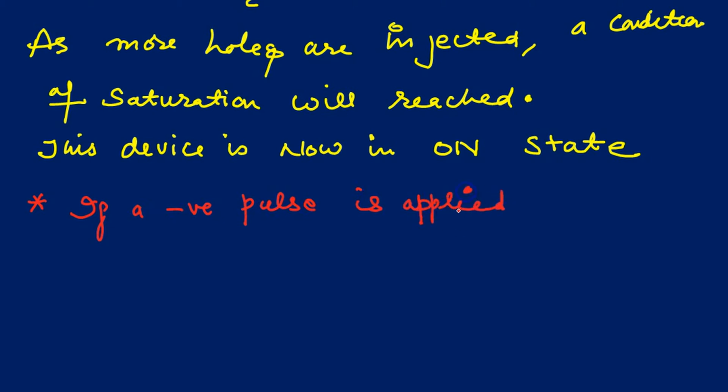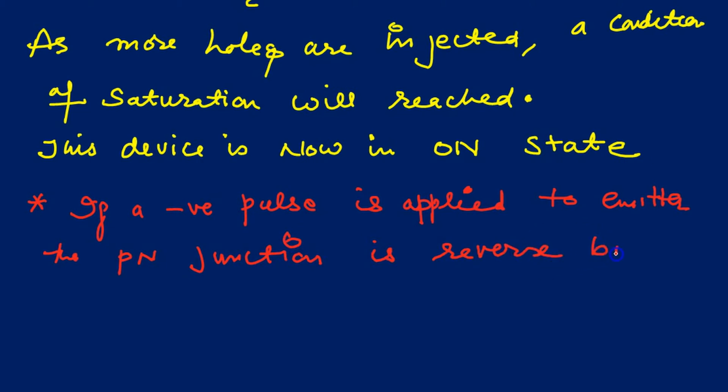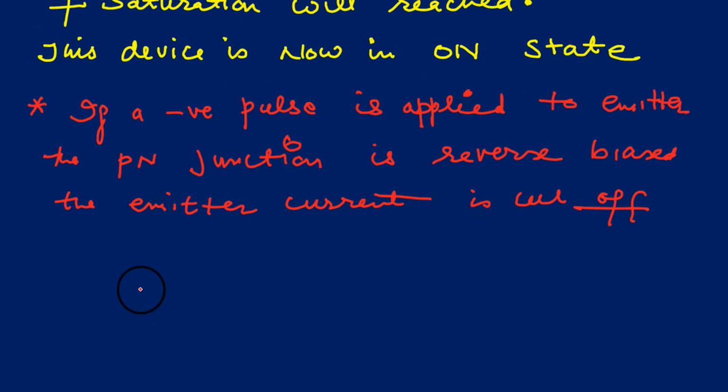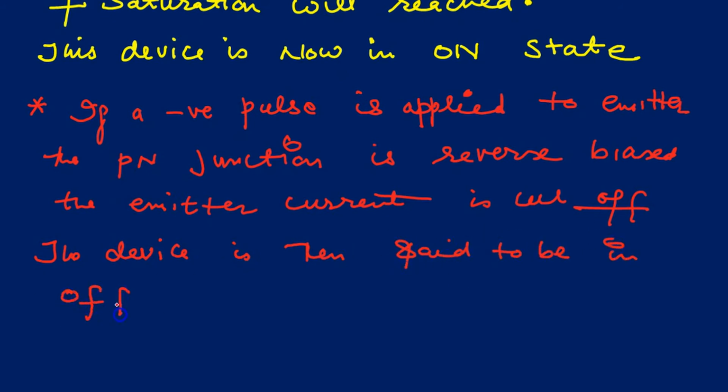But on the other hand, if a negative pulse is applied to the emitter, the PN junction, which is already reverse biased, becomes more reverse biased, and there will be no emitter current, so it is cut off. Then the UJT is called off state.